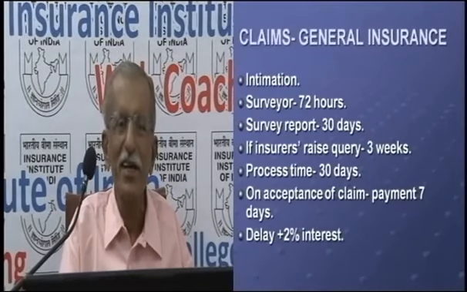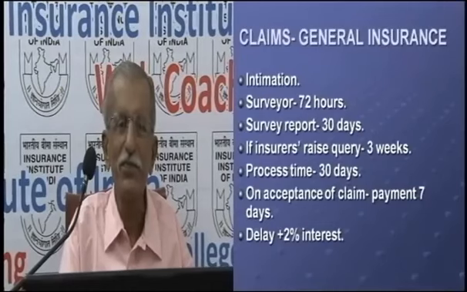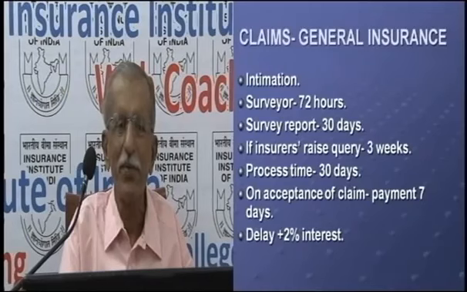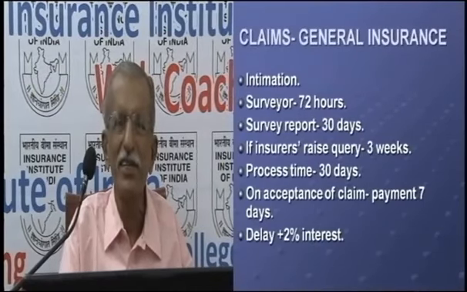In that case, after receipt of the report, the insurance company has to raise it within 3 weeks. The surveyor has to reply within 15 days, and after receiving the surveyor's reply, the claim is to be processed and finalized within 30 days. And an offer of settlement of the claim is made to the client.